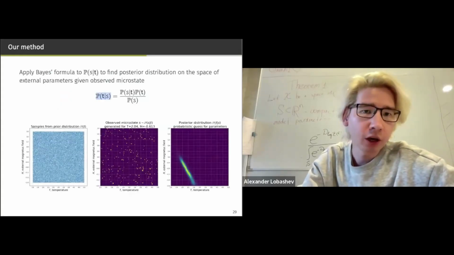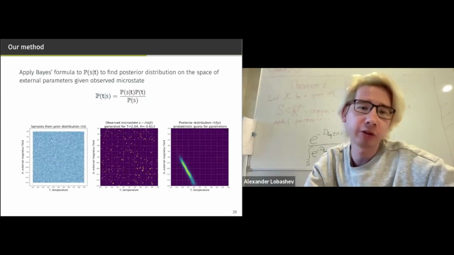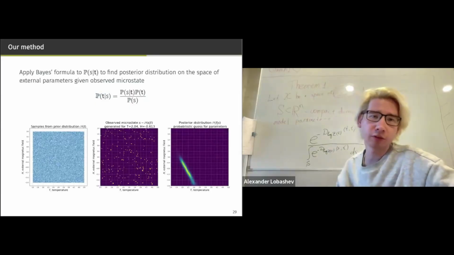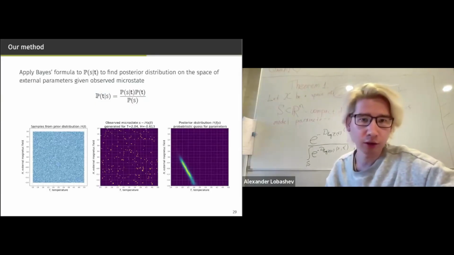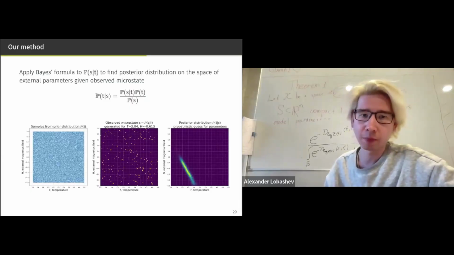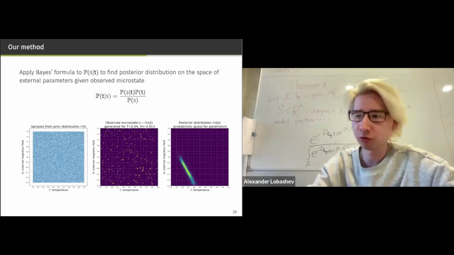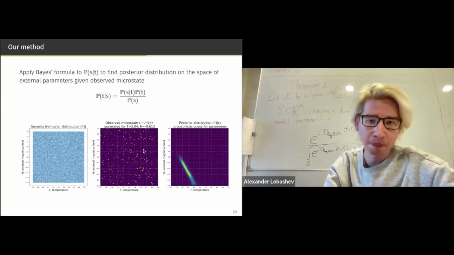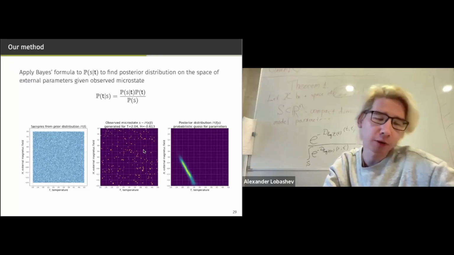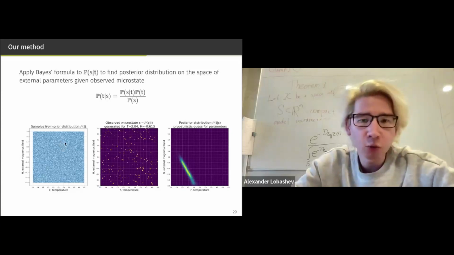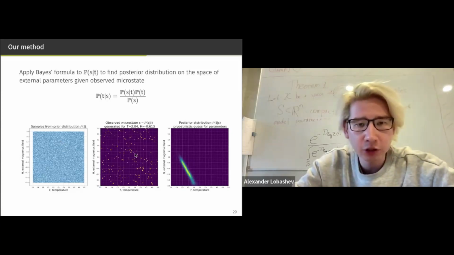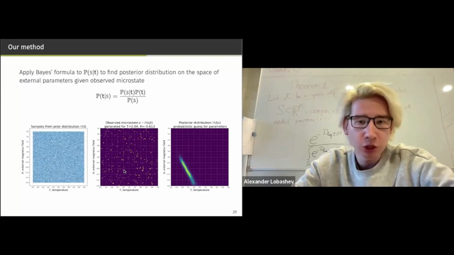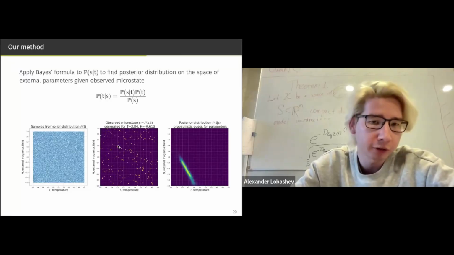And actually, how to find this posterior distribution? This is not so hard a problem because we have a training set. We have samples from our prior distribution. For every point, we have the corresponding image or microstate, and we know the exact location of the parameters for which this image was generated.